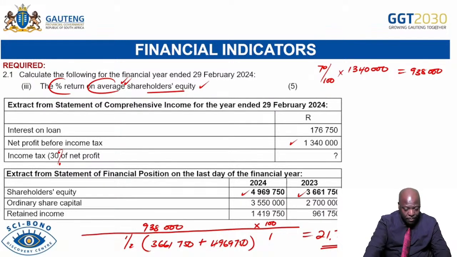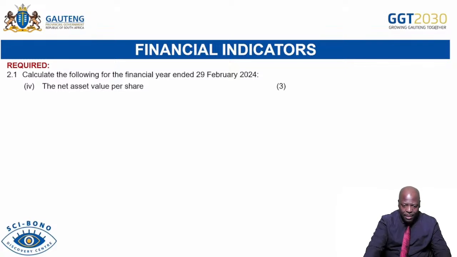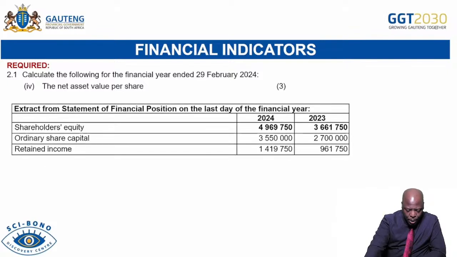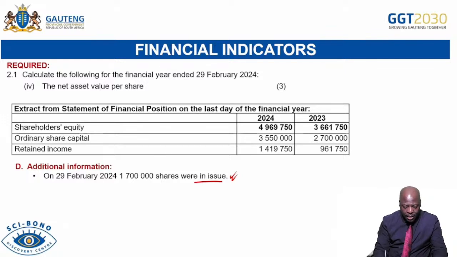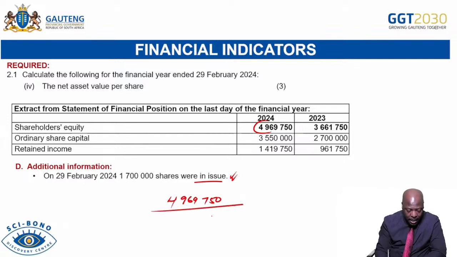The last one is calculate the net asset value per share. Remember, the formula is of great importance. We are told additional information says 1.7 million shares were in issue. The formula for net asset value per share is my shareholders' equity, which is 4,969,750, divided by the number of shares in issue, which is 1,700,000.